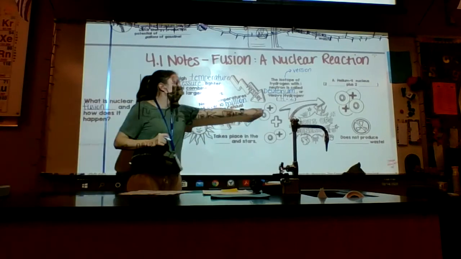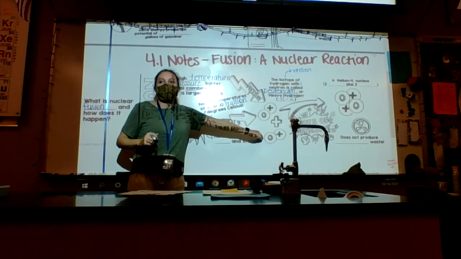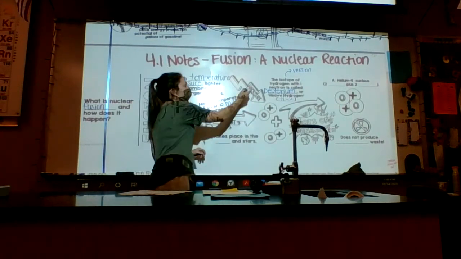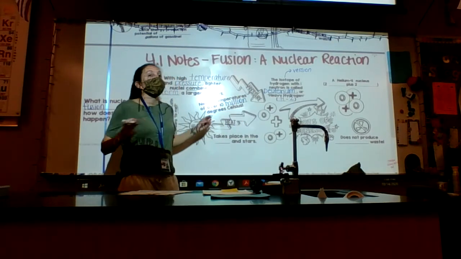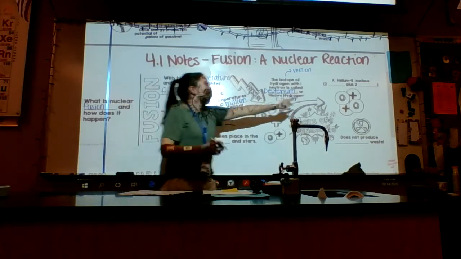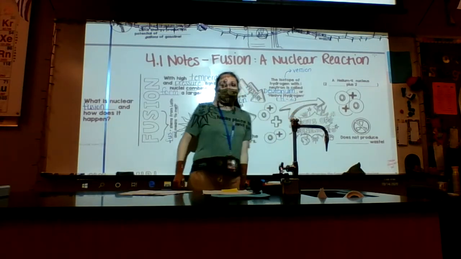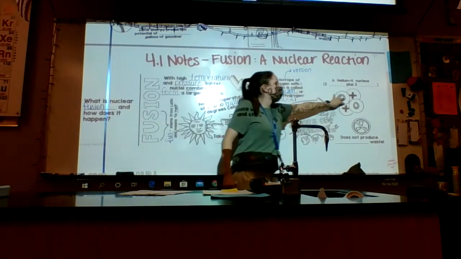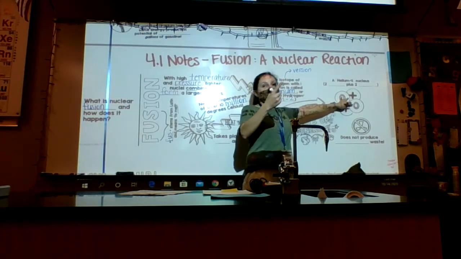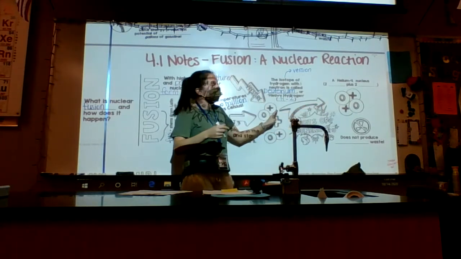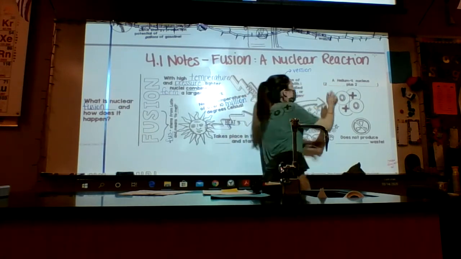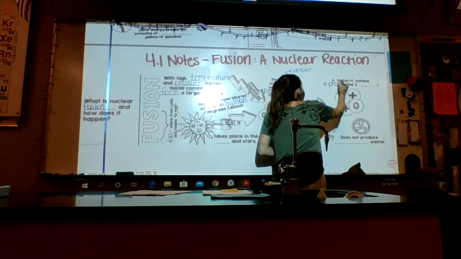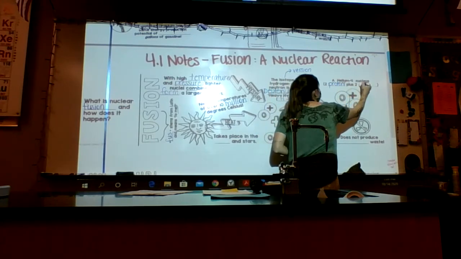So I have two deuterium atoms here. I'm going to put them under a lot of pressure, and I'm going to crank up the temperature, and they're going to fuse together to form a bigger atom. So these two are now formed together as one helium atom. We went from versions of hydrogen to a version of helium, a helium-4 nucleus, which is 2 protons plus 2 neutrons.